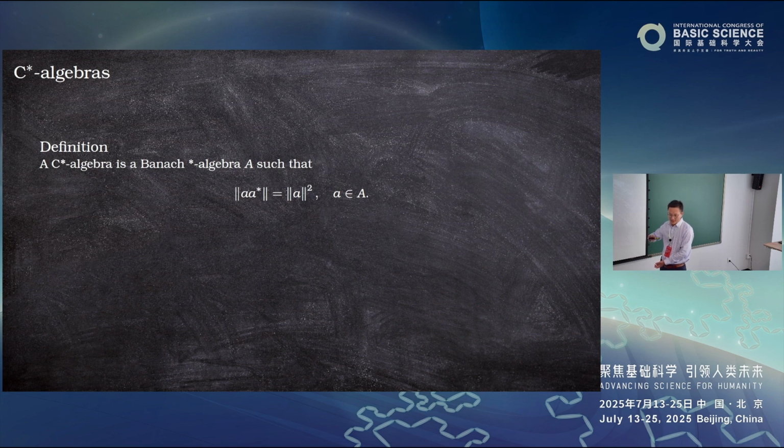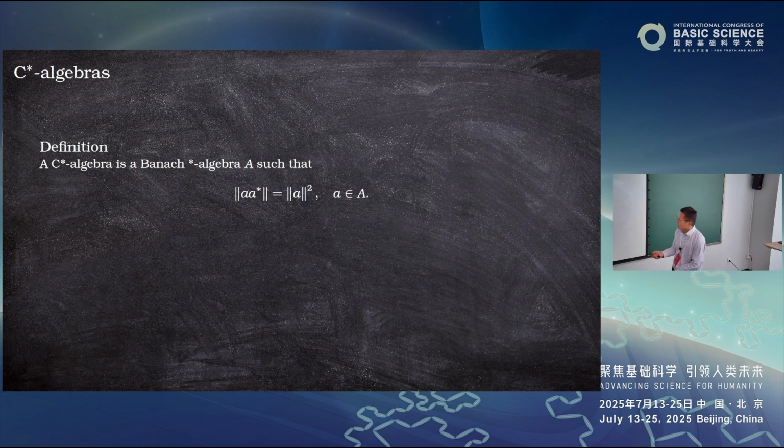You look at the conjugate transpose. And the norm here, we should look at the operator norm rather than other norms. And in the infinite dimensional case, if A is a bounded linear operator acting on a Hilbert space, you automatically have this identity.